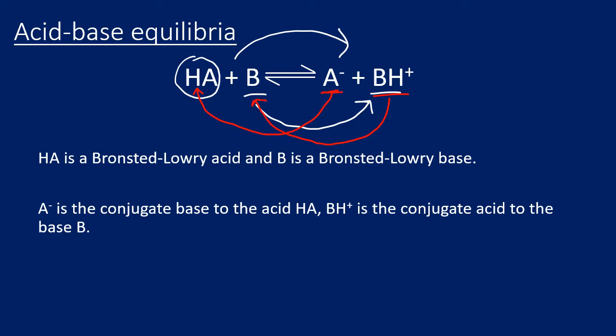Therefore, BH plus is classed as the conjugate acid. And we can pair them up: B and BH plus as the base and conjugate acid, and HA and A minus as the acid and conjugate base. That makes sense, because if it acted as an acid in the forwards reaction, in the backwards reaction it's acting as a base.